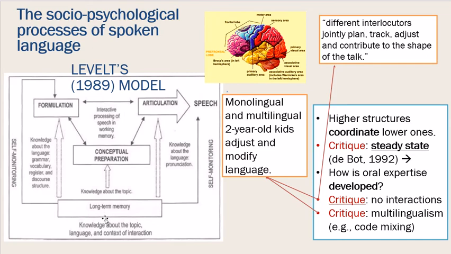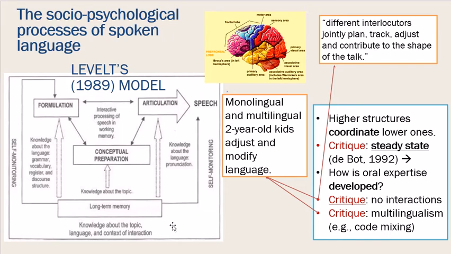The first component right at the bottom of this chart is the long-term memory component, which comprises knowledge about the topic, about the language, knowledge about the context of interaction, and context itself can be broken down into several other components, such as the immediate environment.